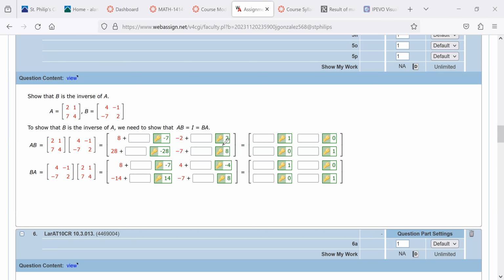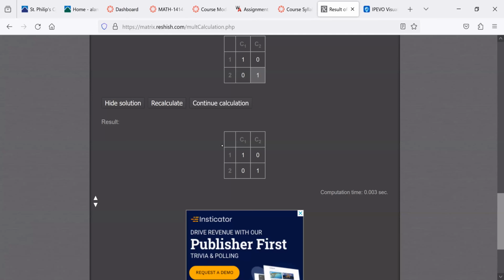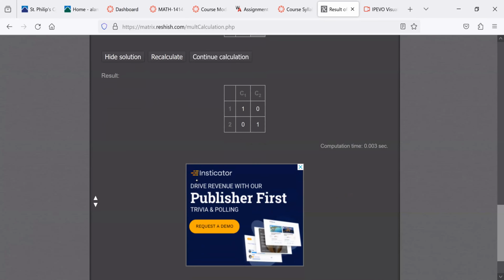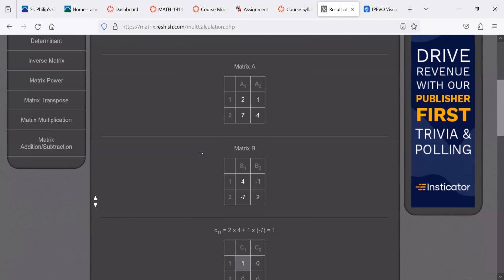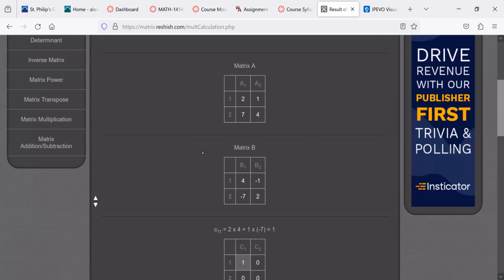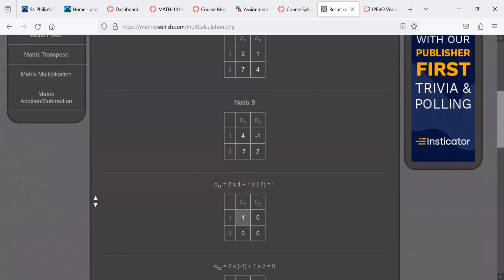So what they showed up here, the A times B, the solution will be here. So row 1 times column of B, first column of B is right here. So 2 times 4 plus 1 times -7. See what I'm saying? So it's going to be this guy times this guy. So 2 times 4, 1 times -7.